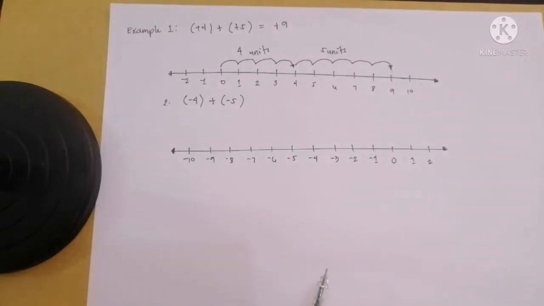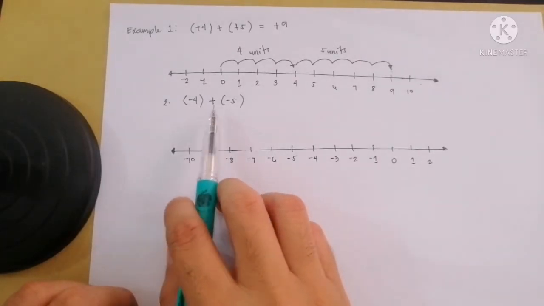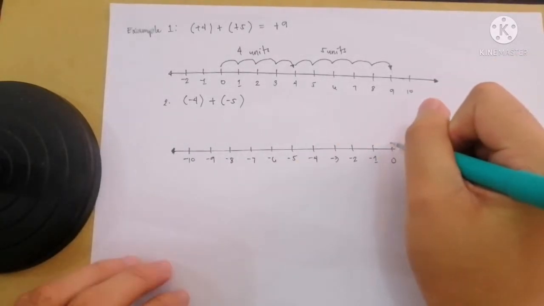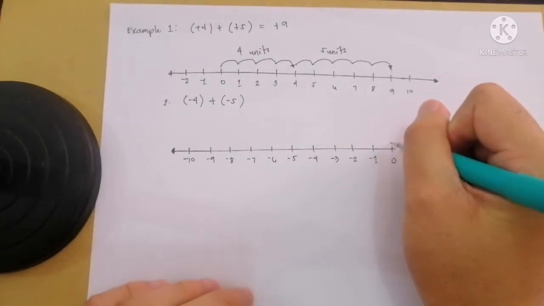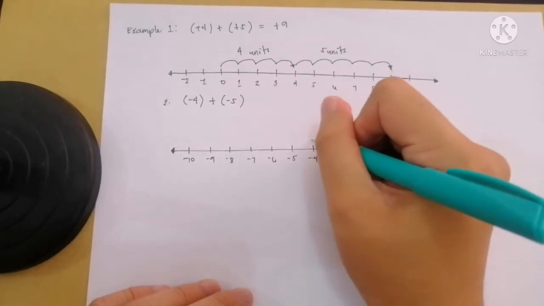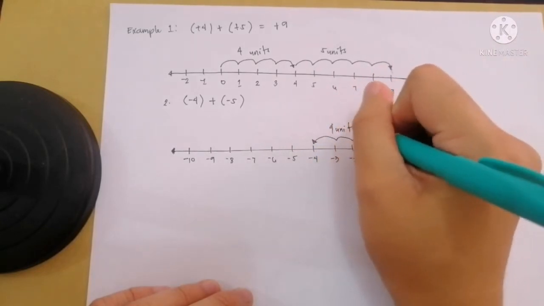If we analyze the given, which is negative 4 plus negative 5, the negative 4 is 4 units away to the left of 0. So we're going to count from 0 to the left, 4 units away. We have 1, 2, 3, 4. So we landed on negative 4, and that is 4 units.